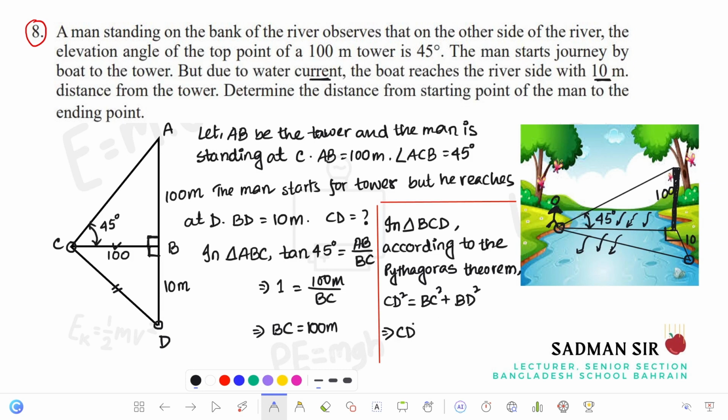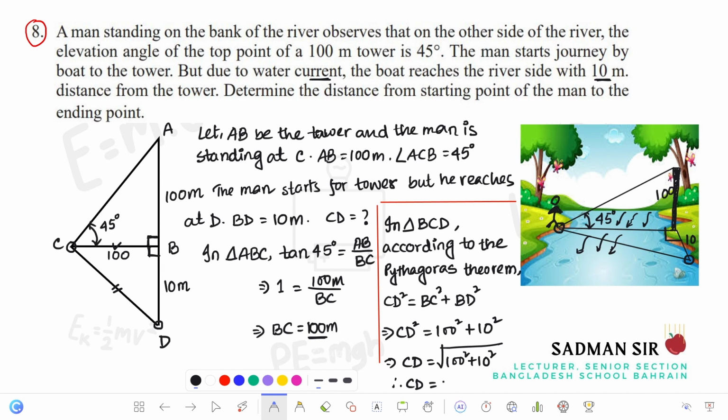Now CD square equal to BC square. BC we found out to be 100 meter. So 100 square plus BD is 10, so 10 square. Then CD equal to root over of 100 square plus 10 square. So from here we can directly find out the value. Let me just use my calculator and find out the value.